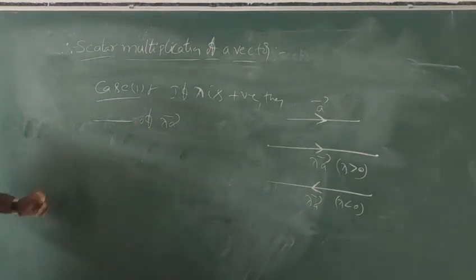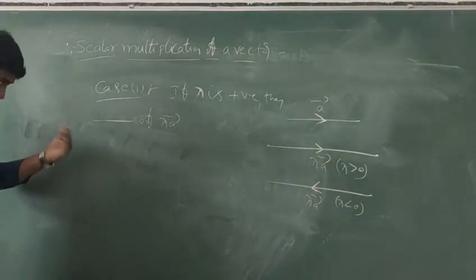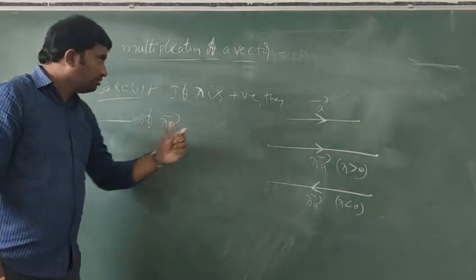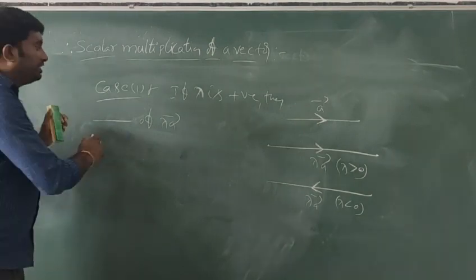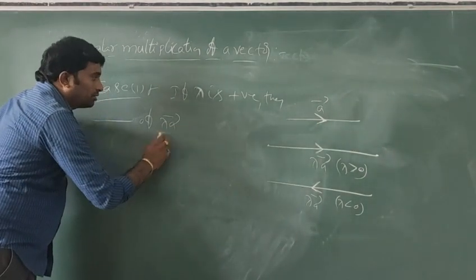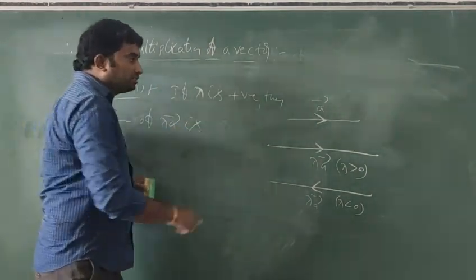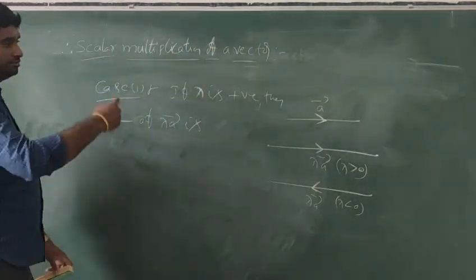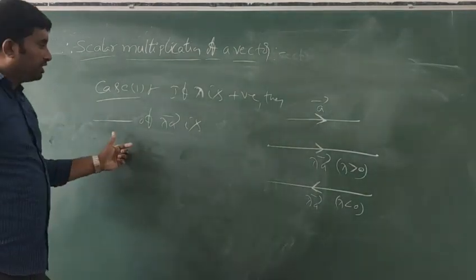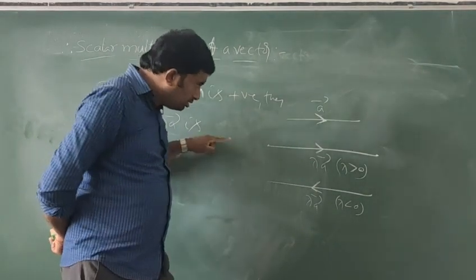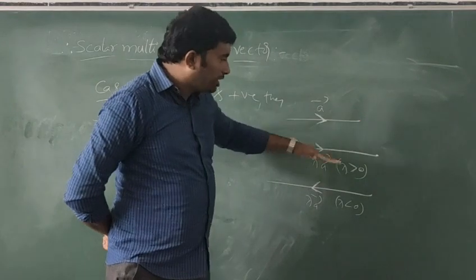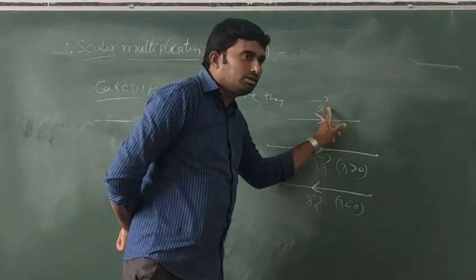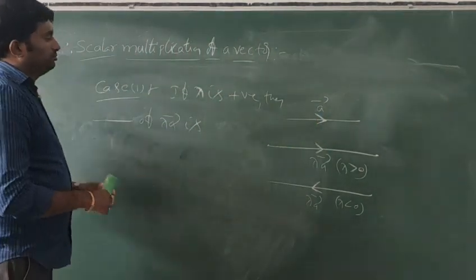The vector lambda A bar is the scalar multiplication of the vector. If lambda is positive, then the direction of the vector lambda A bar is the same as the direction of the given vector A bar.